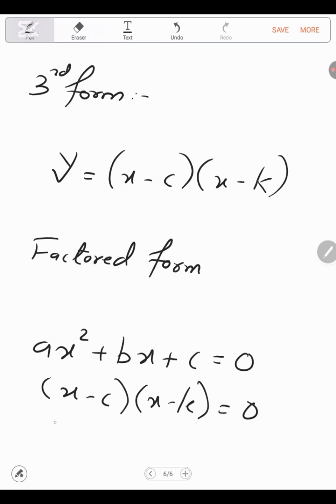Then you equate each and every factor separately with 0, like this, to find out the specific values for x. So similarly, this is the concept that is taken over here, and this is basically known as the factored form.